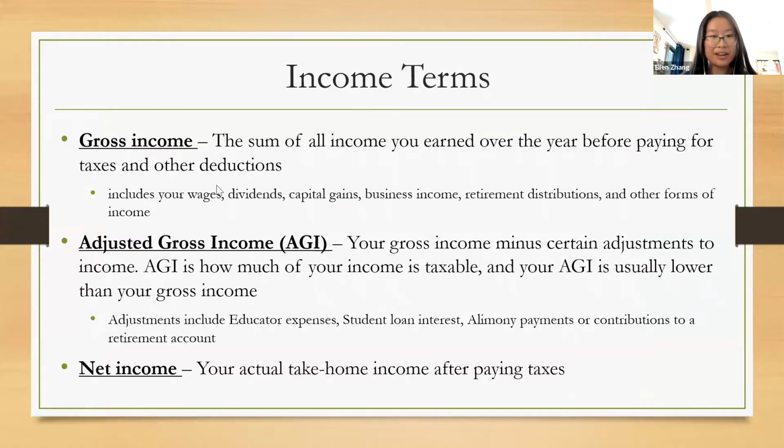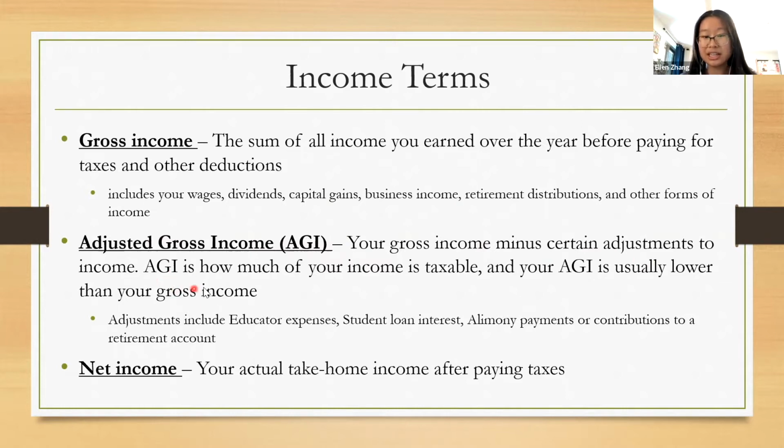So I've highlighted 3 types of income here: gross income, adjusted gross income, and net income. Your gross income is the sum of all income that you've earned over the year before you pay any taxes or other deductions. So these include wages, dividends, any capital gains, business incomes, retirement benefits, and all other sorts of income. Your adjusted gross income, or commonly known as your AGI, is your gross income minus certain adjustments.